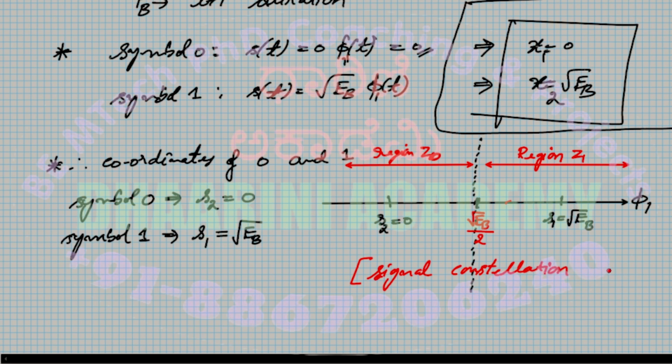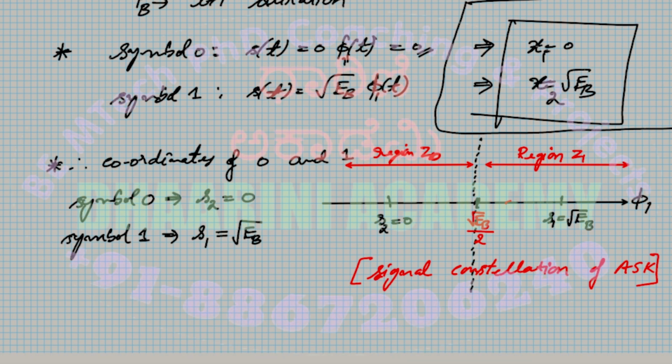This is the signal constellation of ASK. We are definitely going to write various constellations for other techniques as well, that is PSK, FSK, and so on. So far it is fine, we understood how the representation works. Now let's move further. From this signal constellation diagram, the distance between the message points S1 and S2 is equal to root EB, because one is at root EB and the other is at 0.